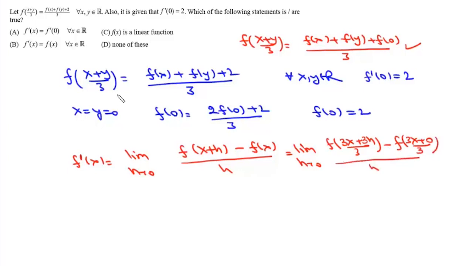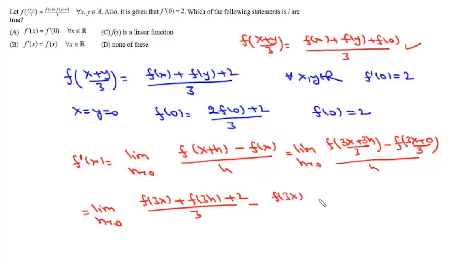Now we'll use this formula. So if we use this formula, we can write this as limit h tends to 0 of f3x plus f3h plus 2 divided by 3, and then minus f3x plus f0 plus 2 divided by 3, whole divided by h.